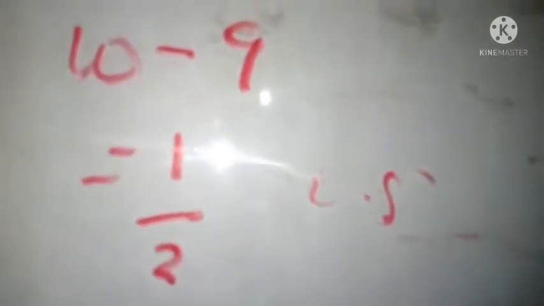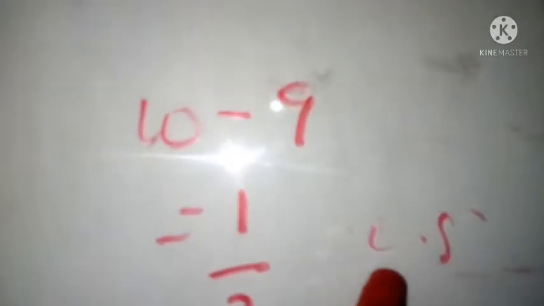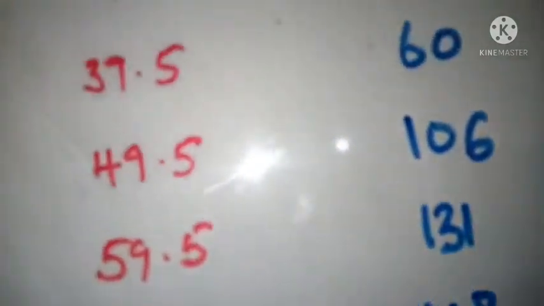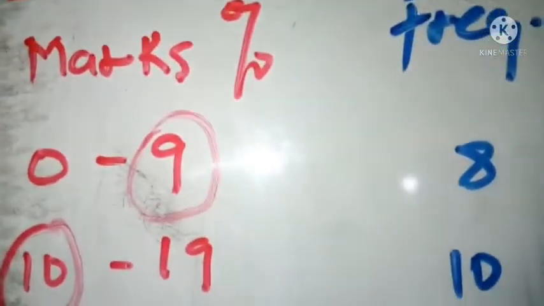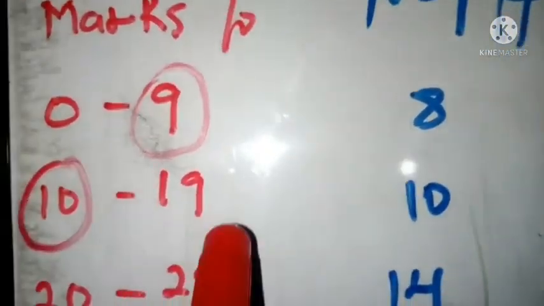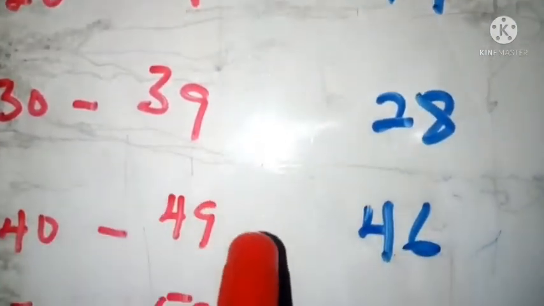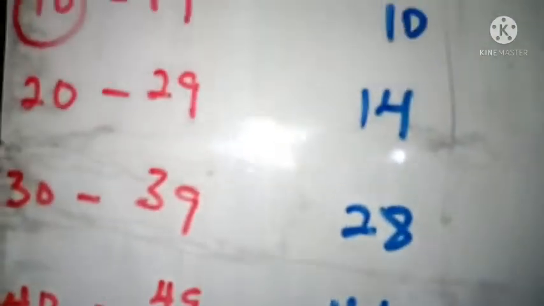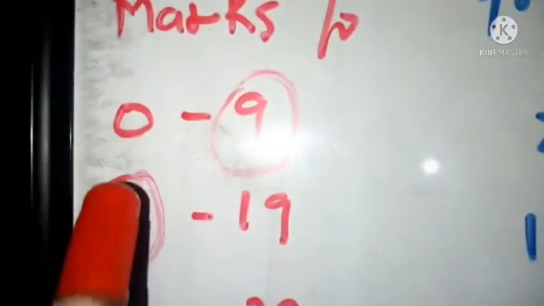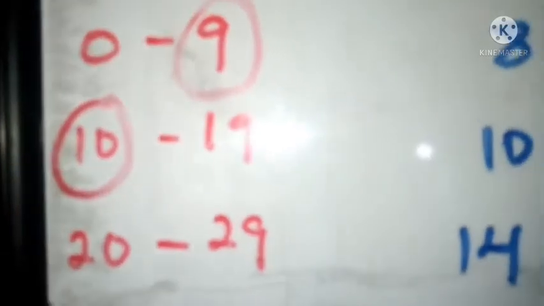Then that 0.5 you are going to carry along. What are you going to do with the 0.5? You add that to all the outer marks. What I mean by the outer marks here is 9, 19, 29, 39, 49, 59. We are going to add the 0.5 to these. We don't necessarily care about the lower ones.